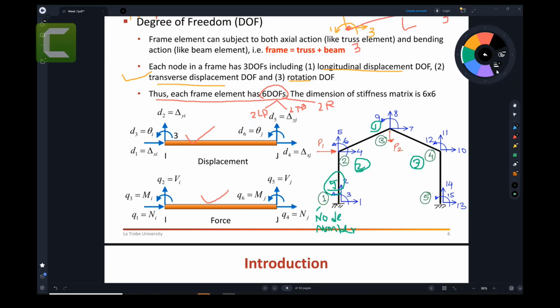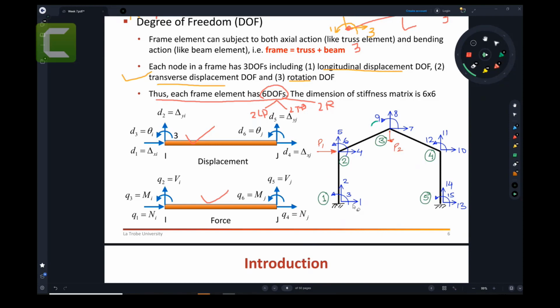So why do we put those numbers? Later, when we work on the problems, we will work on individual nodes and individual elements, and then we will assemble them, as you know from the truss and from the beam. So it is useful if we identify them from the start. Everyone okay with the node numbering, right? No questions so far.